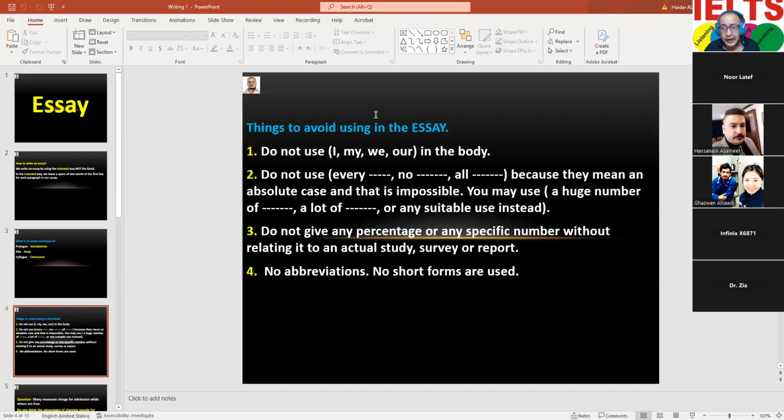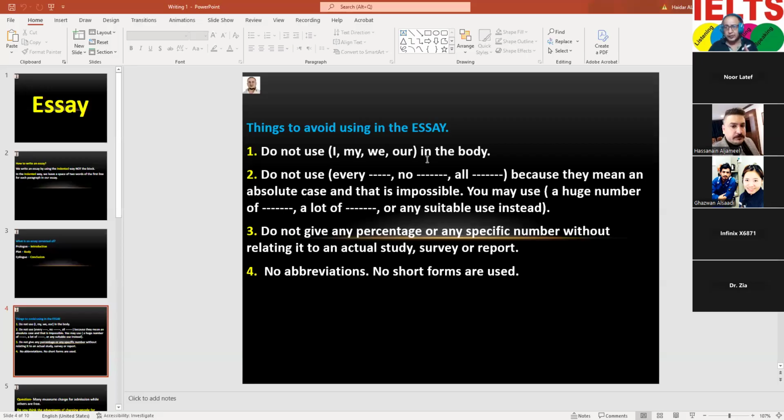You may use a huge number of, a lot of, or you may also use almost every, almost no, almost all. For example, almost every Iraqi, almost no Iraqis, almost all Iraqis, a huge number of Iraqis, a lot of Iraqis, or any other suitable use instead.